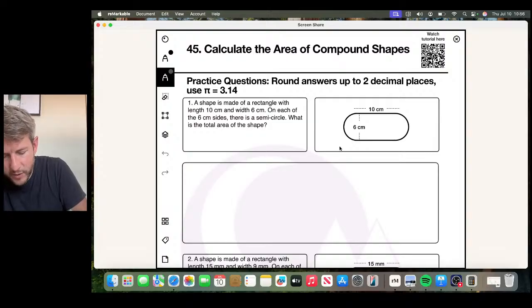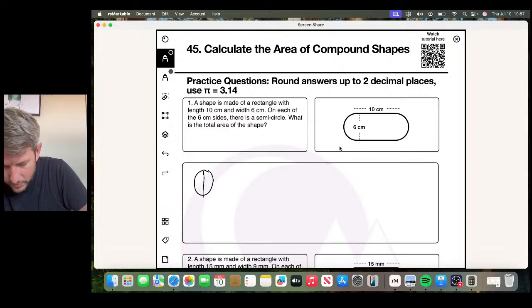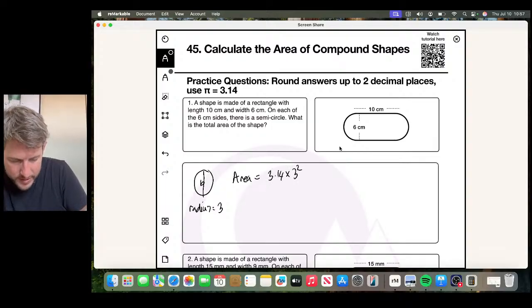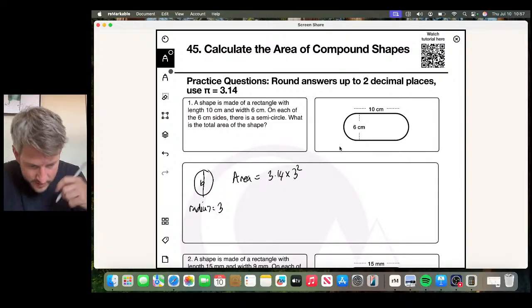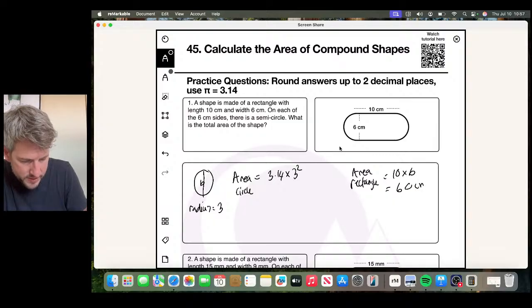Okay, so the two semicircles form a circle with a diameter of 6. So that means the radius equals 3. So the area of the circle is 3.14 times 3 squared. The rectangle is going to be 10 by 6, so the area of the rectangle will equal 10 times 6, which is 60 centimeters squared.